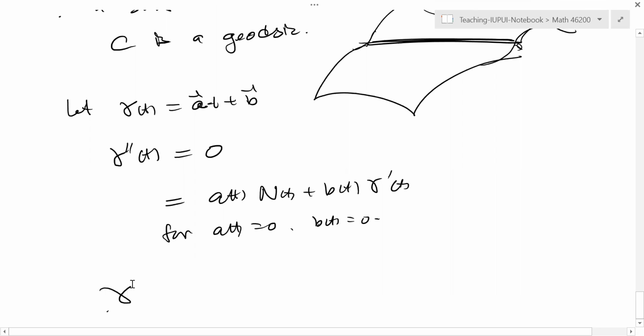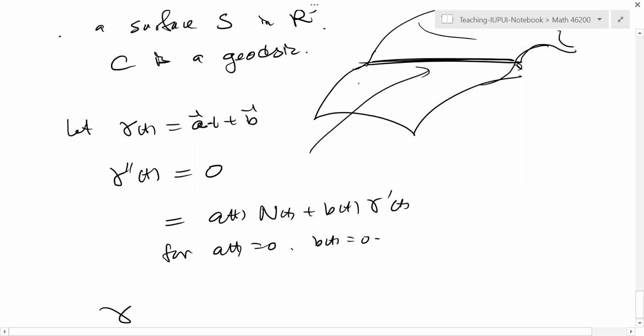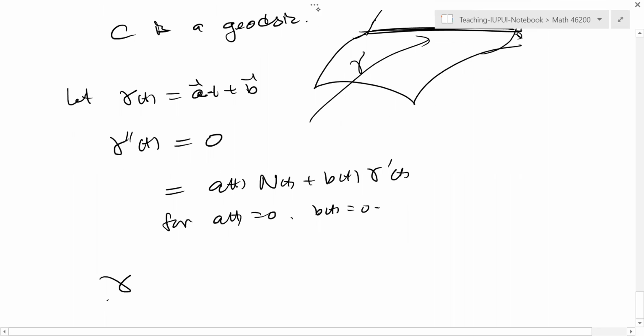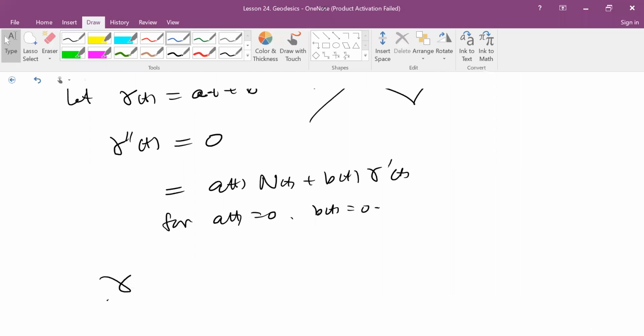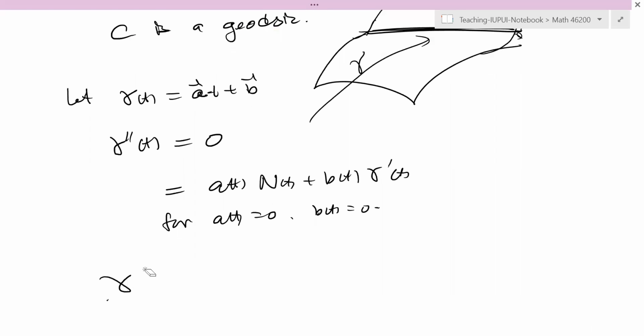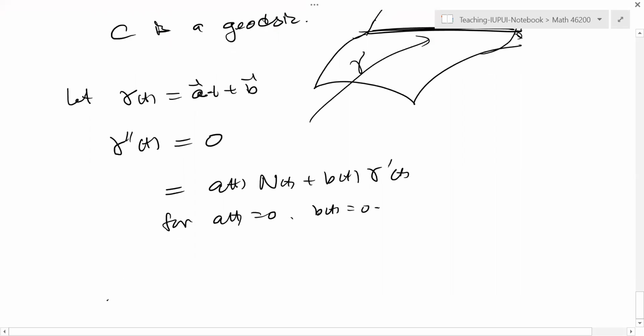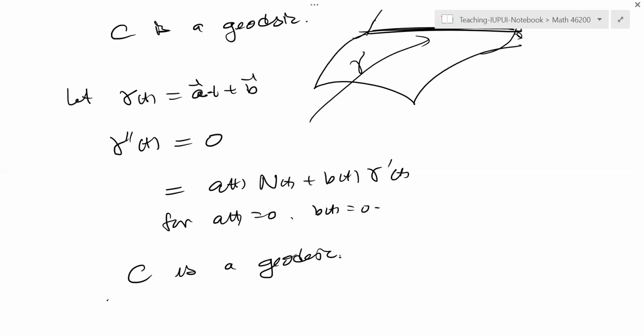We find the parameterization for C. More precisely, a geodesic should be a curve on the surface, but we don't want to depend on any parameterization.